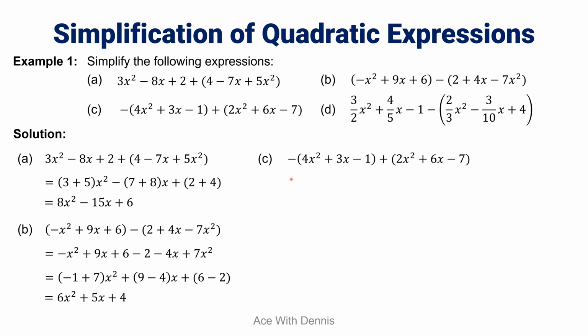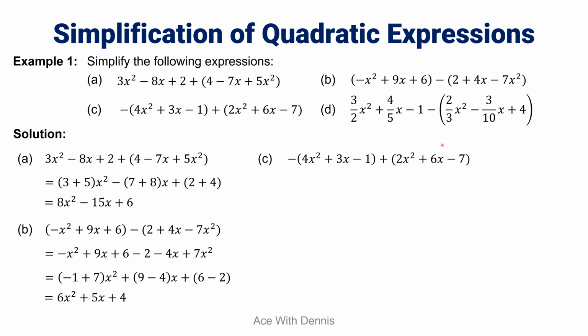For C, negative bracket 4x squared plus 3x minus 1 plus bracket 2x squared plus 6x minus 7. So for the first bracket, you have to be careful because again the sign in the front is a negative sign. So when we want to remove the bracket, all the signs inside the bracket have to change.